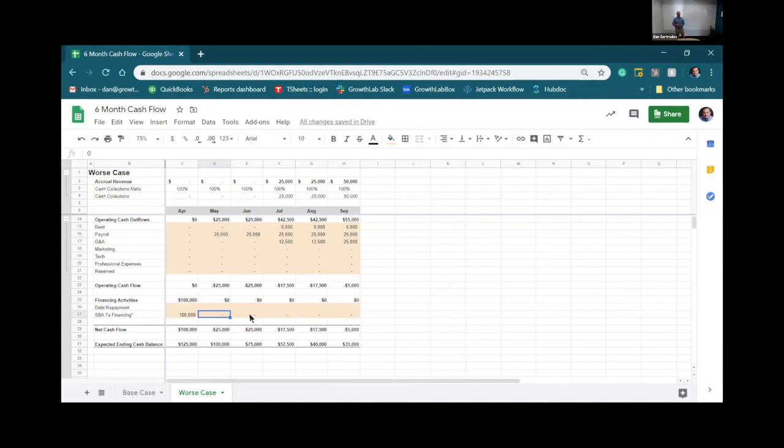And at the end of the 6 months, what is my expected ending cash balance? Right here in this scenario, as Dan was just saying, we still have 35,000 in the bank. Now we've burned through a lot more cash, but at least we still have 35,000. At least we're still alive.